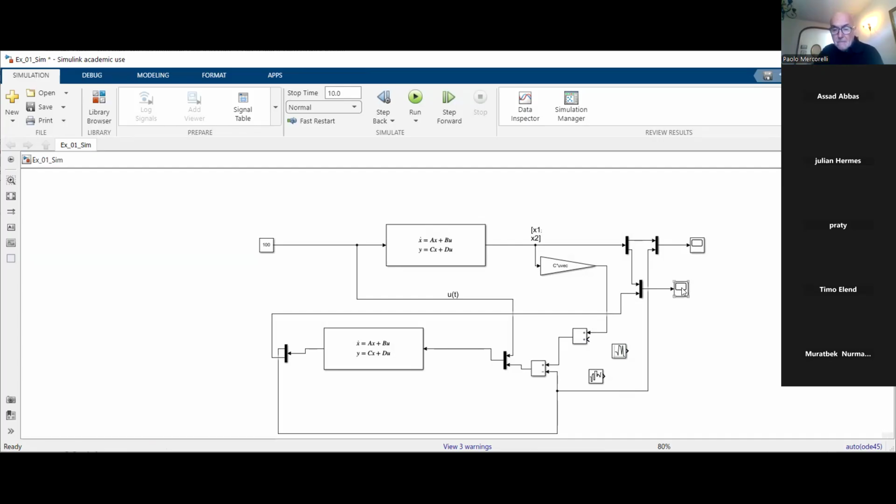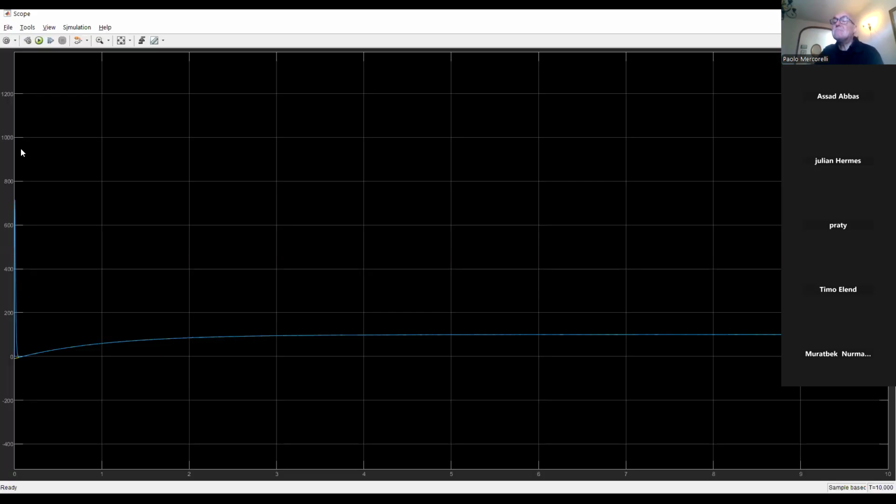Look here. The observation, for instance, of x2. We can see that despite the initial conditions, which are not the same, the estimation seems not so bad.